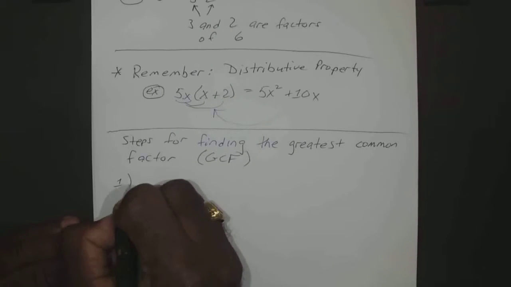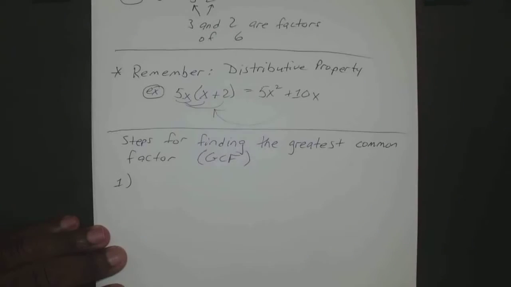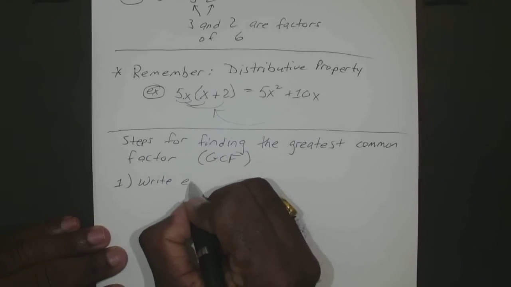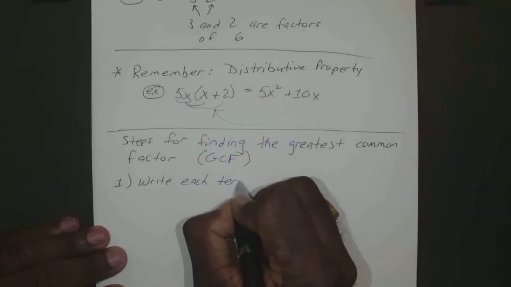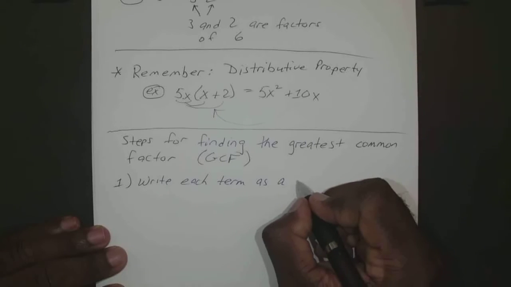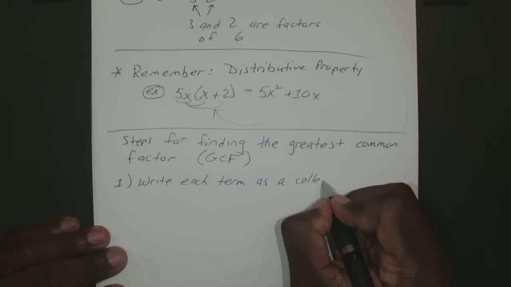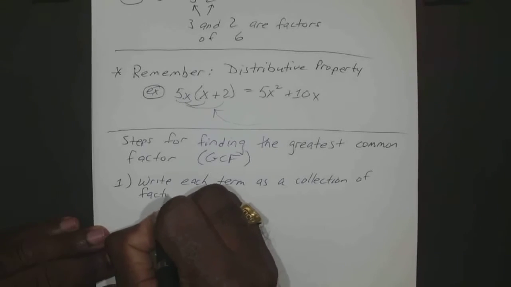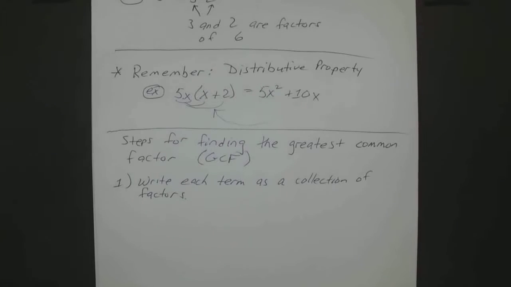Okay, so your first step is to write each term as a collection of factors. Now, these are just suggested steps. If you have another way that you factor and it works for you, feel free to do that. But this is one of those things where if you just wanted to break down each term and factor it out, you can.